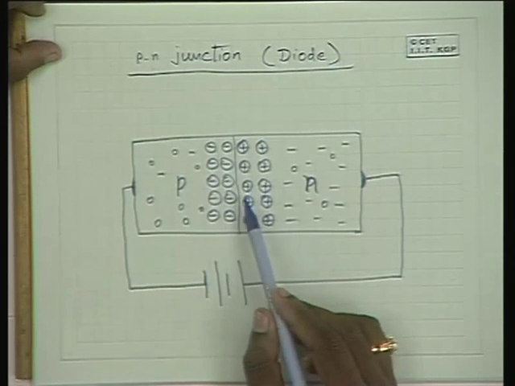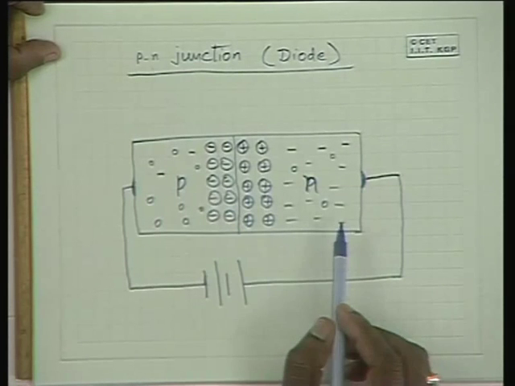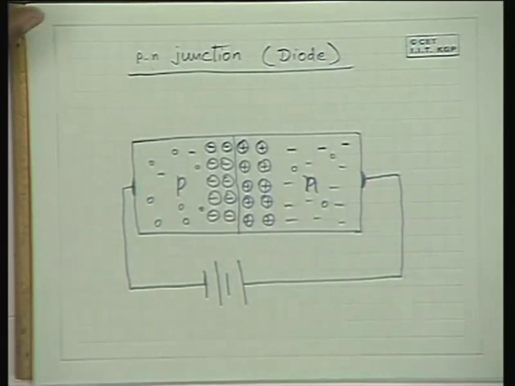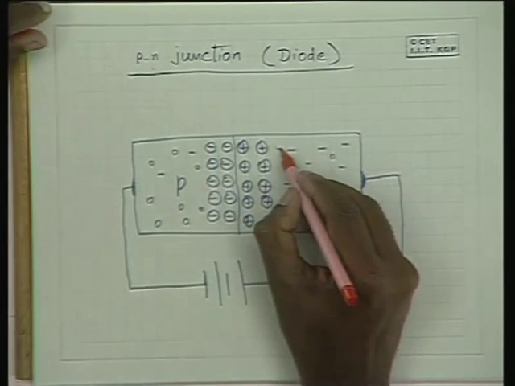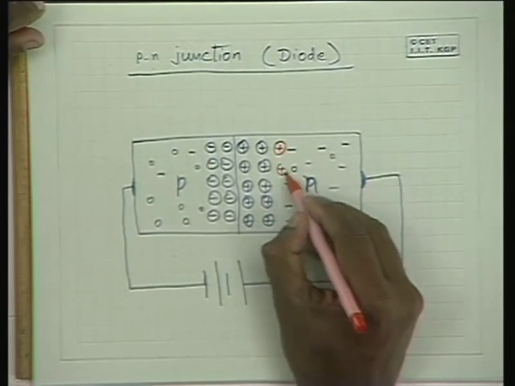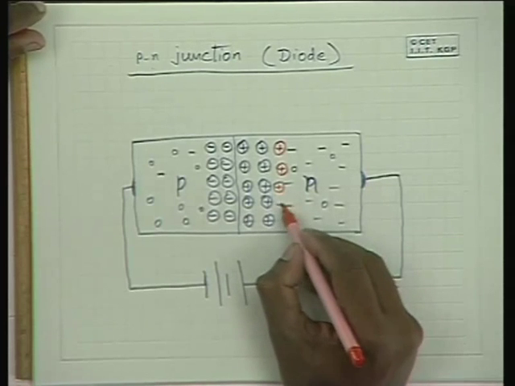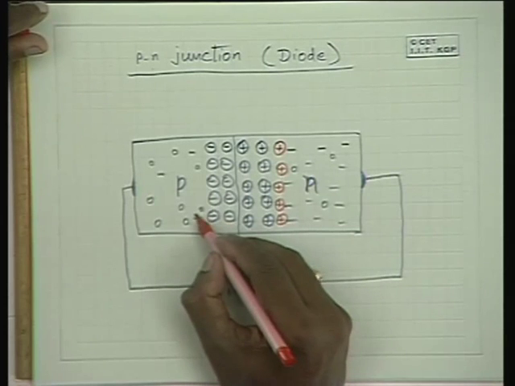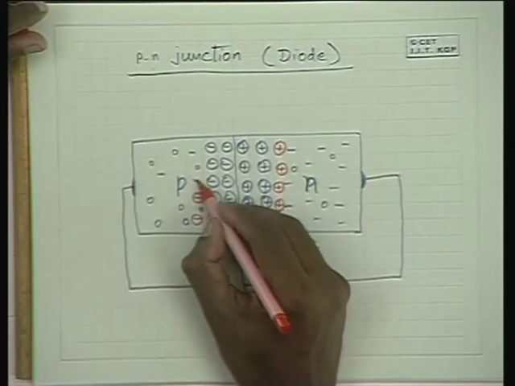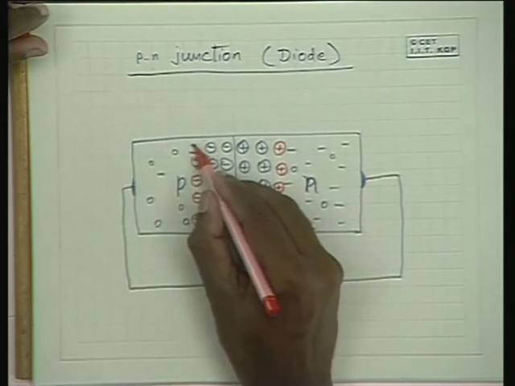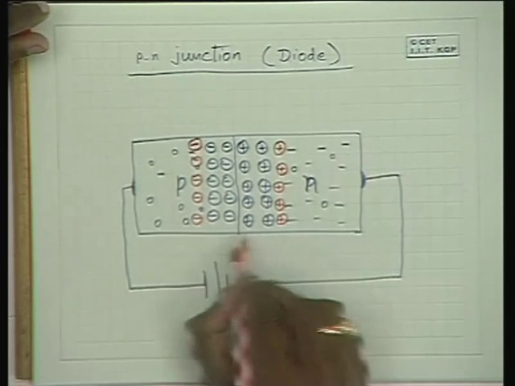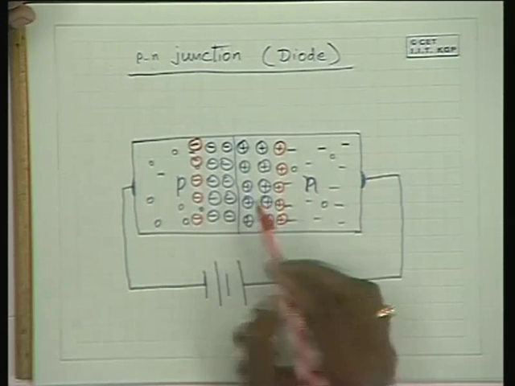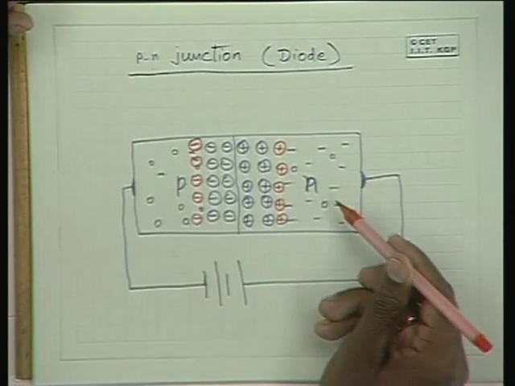Because of this, the space charge region further extends, because the potential barrier is further increasing. This potential difference across the junction is a barrier for the diffusion of the majority charged particles.